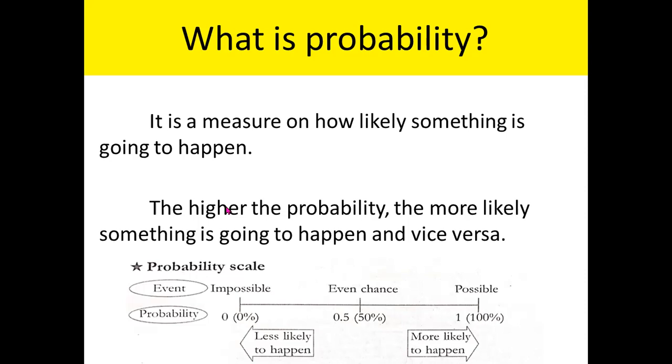It is not 0%, but you have a very, very small chance of winning. So it is less likely to happen. It is not impossible, but it has a very small chance. So that is the probability scale.